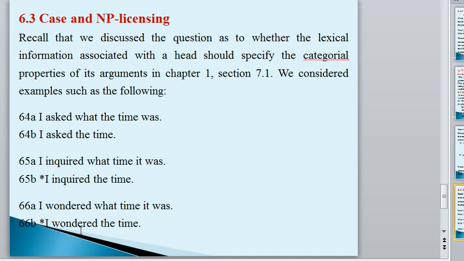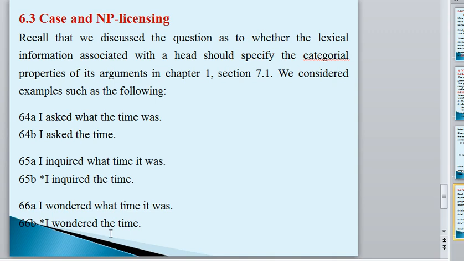Okay, NP complements which receive a question interpretation are called concealed questions. So these two examples here, I inquired the time and I wondered the time, are ungrammatical because they violate the categorical selection properties of the verbs inquire and wonder respectively.